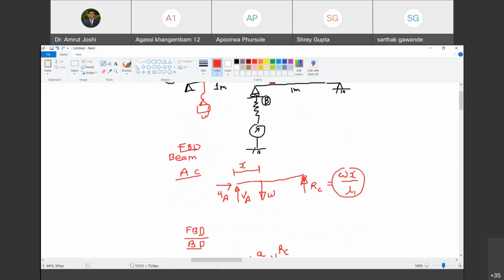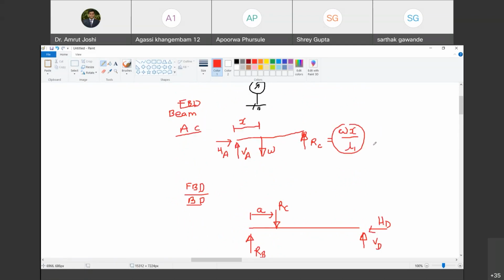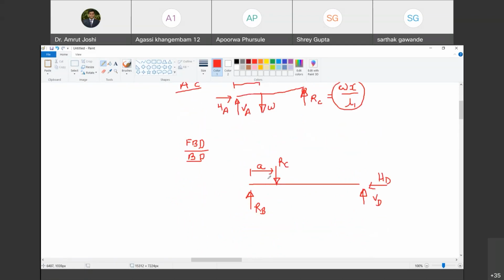Yes, sir. And here we are going to have RB. Are you with me? Yes, sir. Here we are going to have VD and HD. Happy? Yes, sir. So what I have done is just shown this RC, but equal and opposite by Newton's third law, and that is WX upon L1. Happy? Yes, sir.